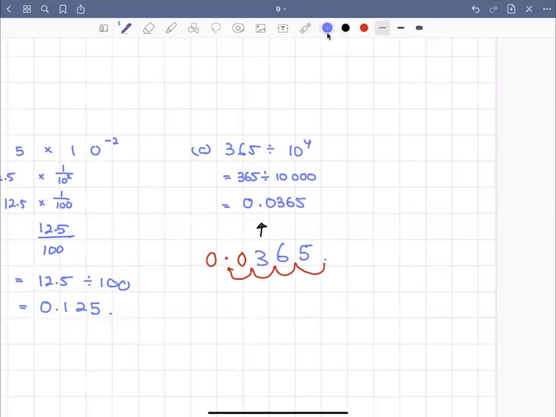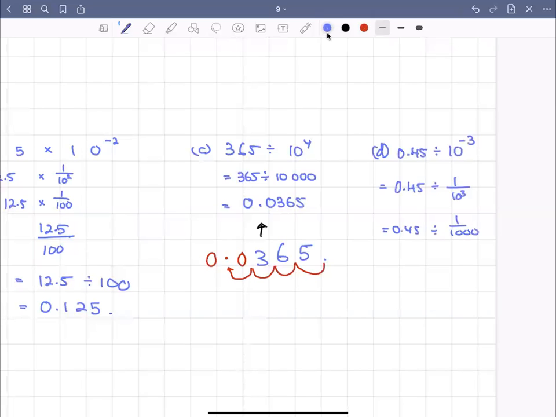And the very, very last one. What if we divide by a negative power? D, 0.45 divided by 10 to the power of negative 3. That is a little bit difficult, but we're going to make it easier. Do what you can: 0.45, we change it into a fraction. 1 over 10 cubed, which is 1 over 1,000.